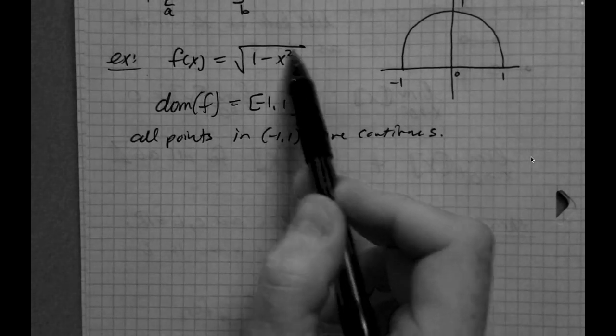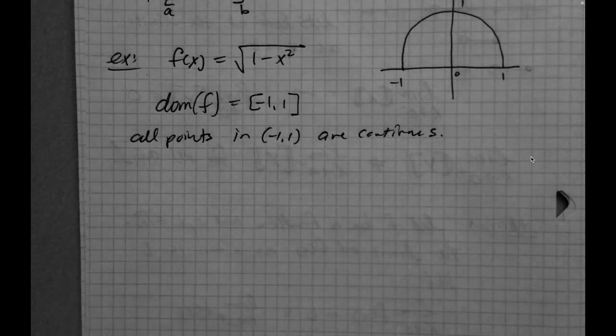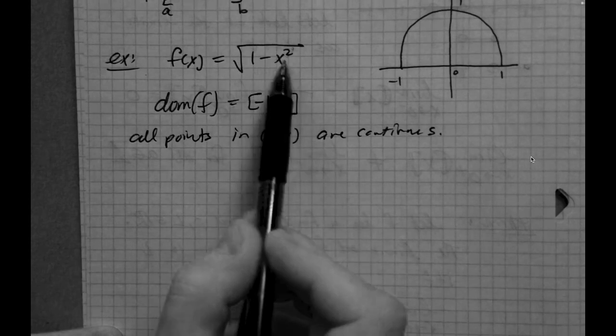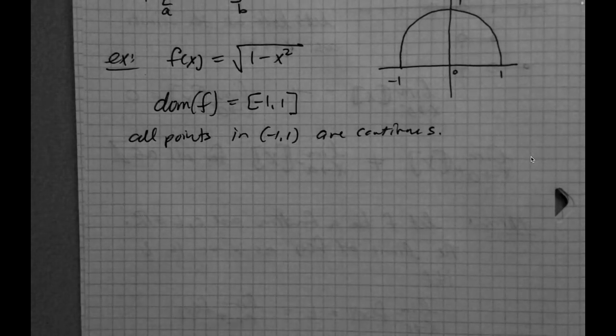This is a squared term, so even when I plug in my negatives, I still get a positive, and they're always going to be less than 1, so with 1 minus that, I always get a positive number in here. Not a problem. So obviously all of the points in the open interval are continuous.